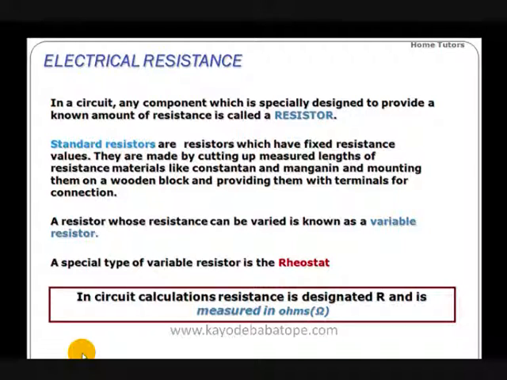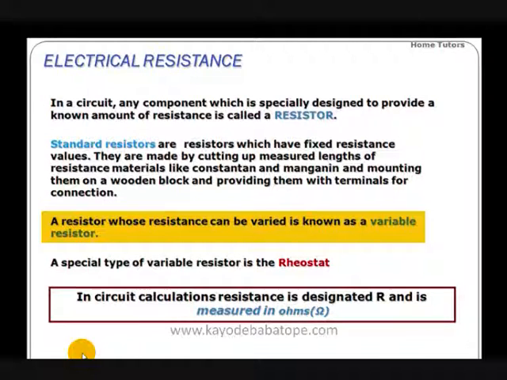Usually we have standard resistors, and these are resistors which have fixed resistance values. They are made by cutting up measured lengths of resistant materials like constantan and manganin and mounting them on a wooden block and providing them with terminals for connection.